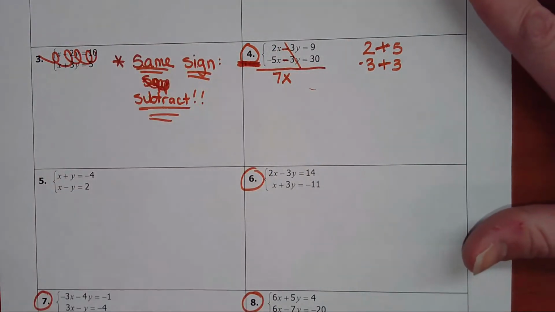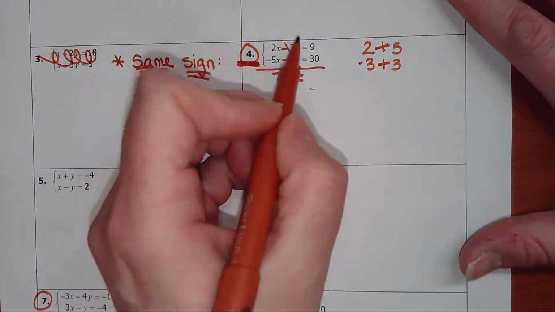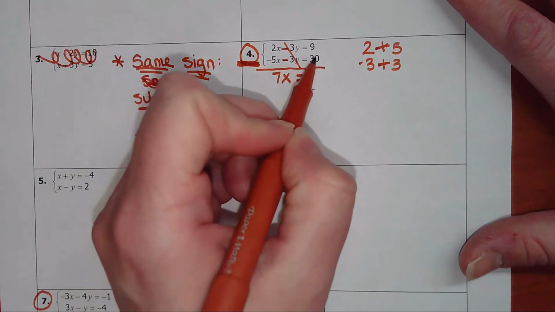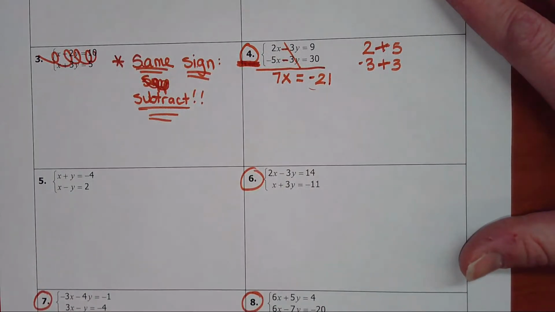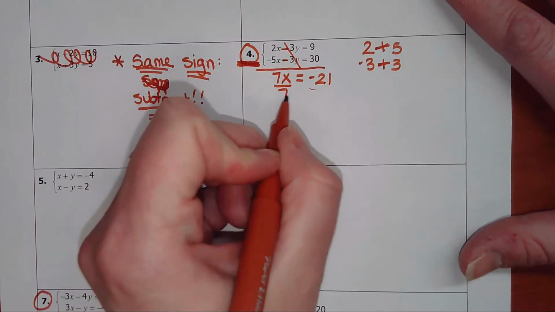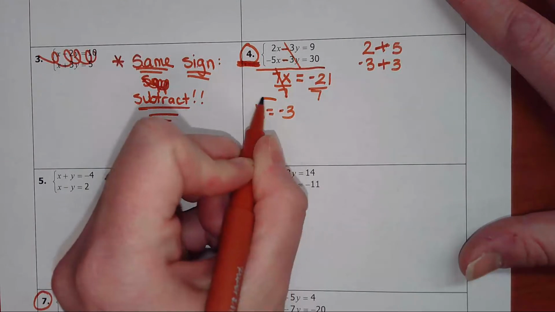It eliminates. That's why we are even doing this problem. Bring down the equal sign. 9 minus 30 is -21. Then to solve for x, you just divide by 7. And you get x to equal -3.